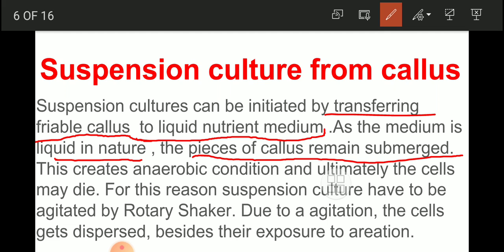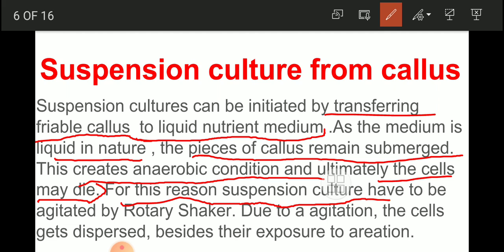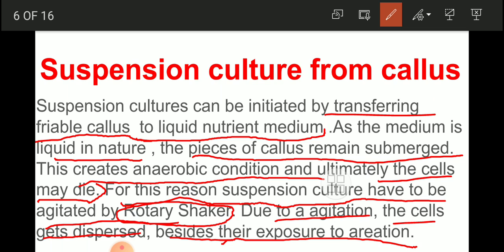This creates an anaerobic condition and ultimately the cells may die. For this reason, the suspension culture has to be agitated by a rotary shaker. Due to agitation, the cells get dispersed besides their exposure to aeration.